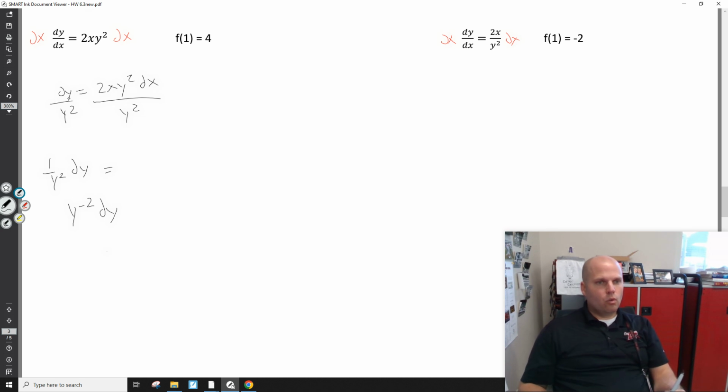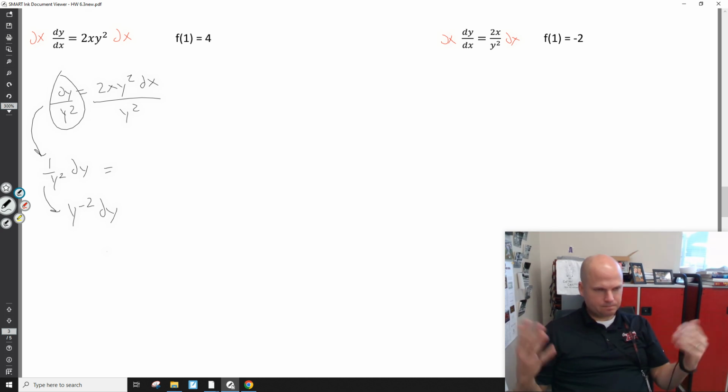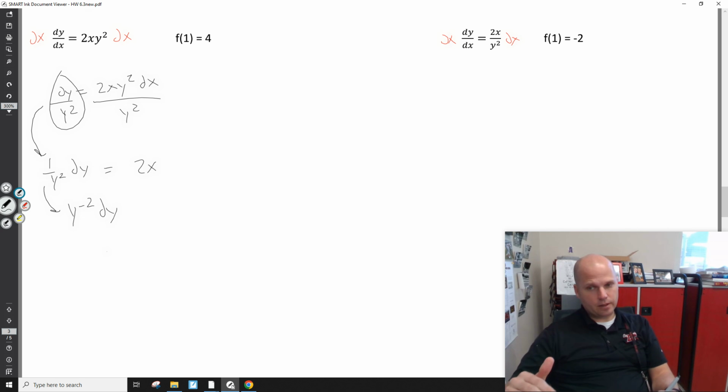So whatever you want to do, so long as you end up either here or here and are not confused by that. Okay. The right side, make sure the x's stay where they are. If the x's started in the denominator, keep them in the denominator. If the x's start in the numerator, keep them in the numerator.